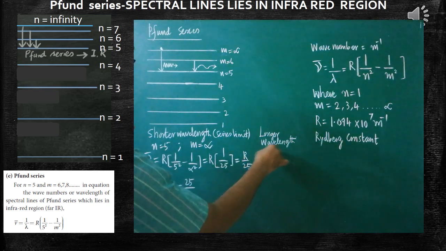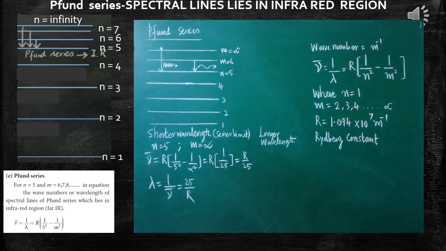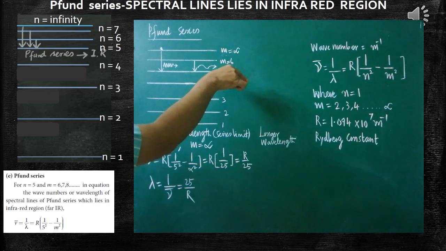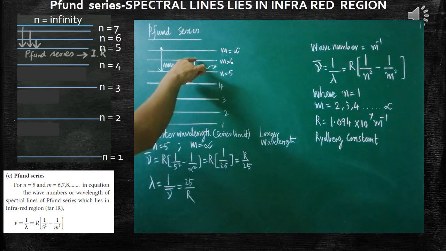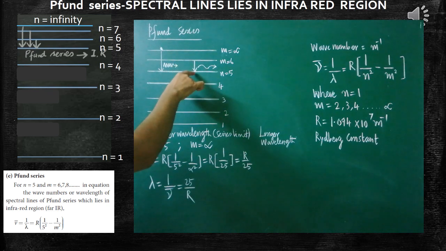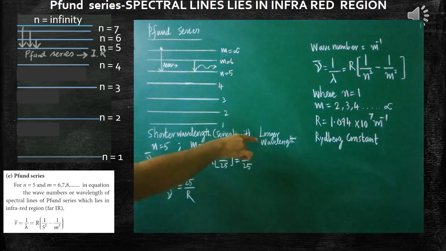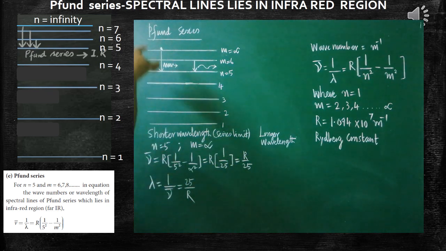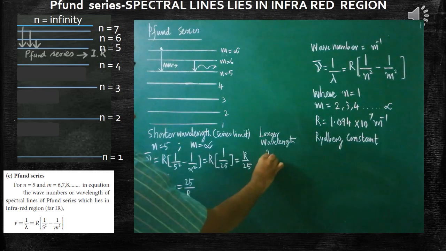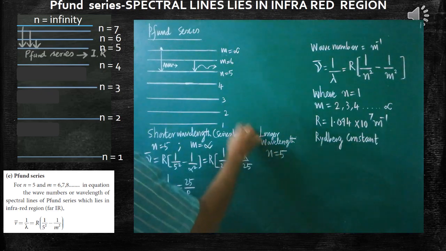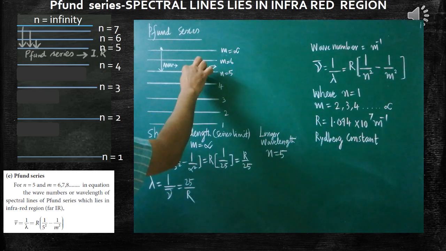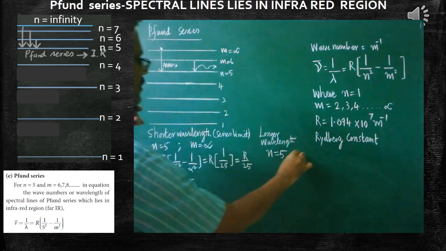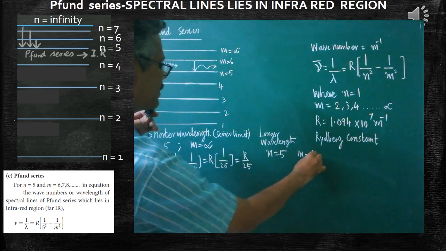Okay, so let's go to the next one, longer wavelength radiation. The longer wavelength radiation is emitted in the case of Pfund series when the electron jumps from the nearest orbit, from the 6th orbit to the 5th orbit. Therefore, n is equal to 5, where the electron finally reaches. Where from does it come? m is equal to 6.